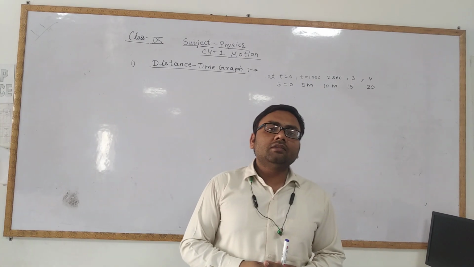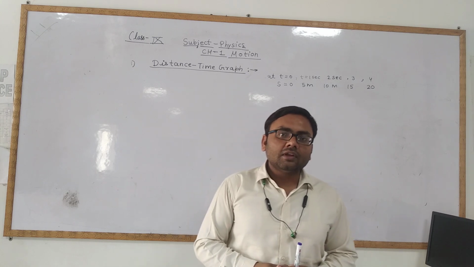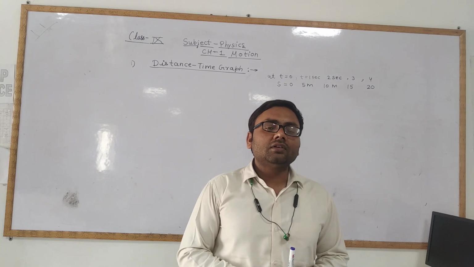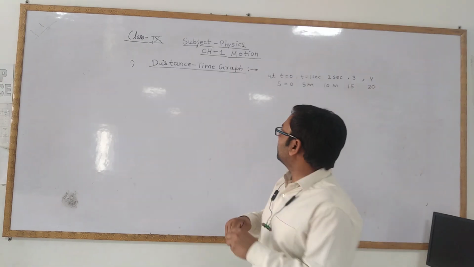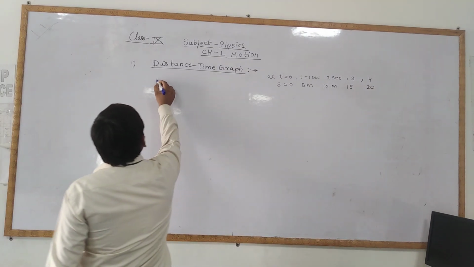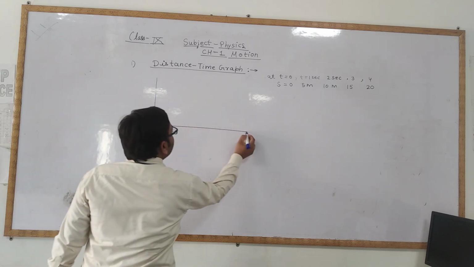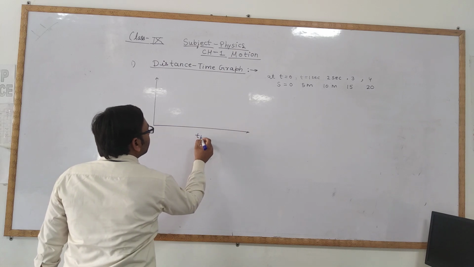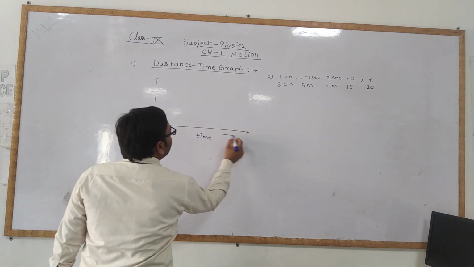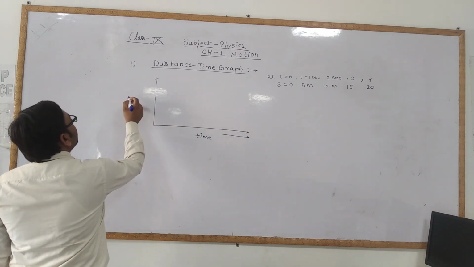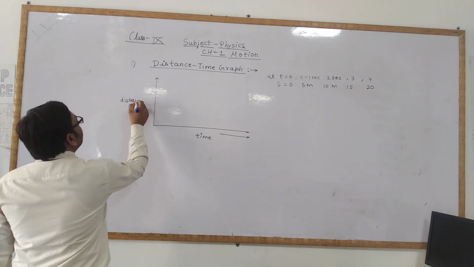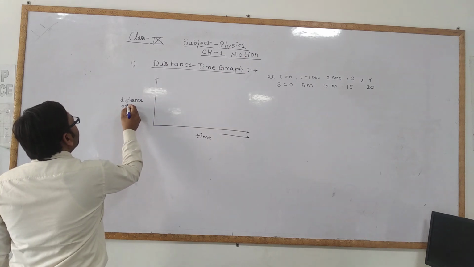The first quantity will be plotted along the x-axis and the second against the y-axis. On the x-axis we will plot time, and on the y-axis we will plot the coordinates of distance or displacement.